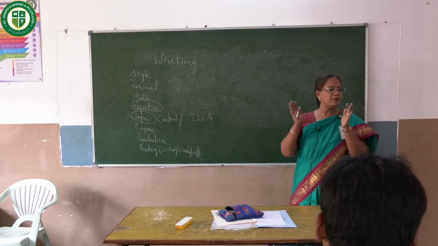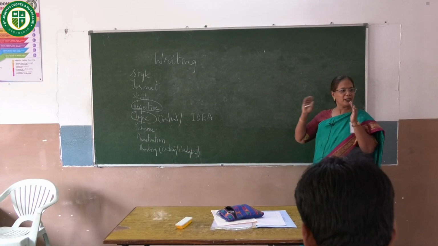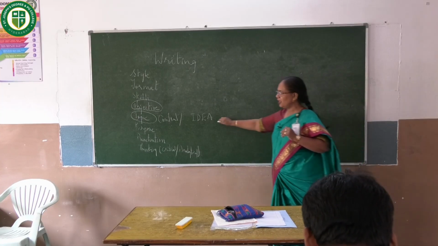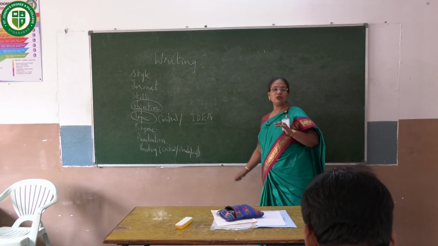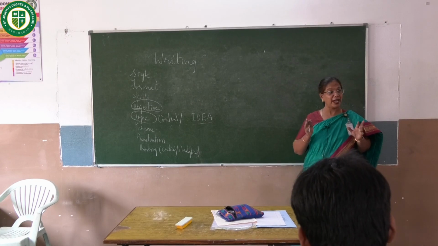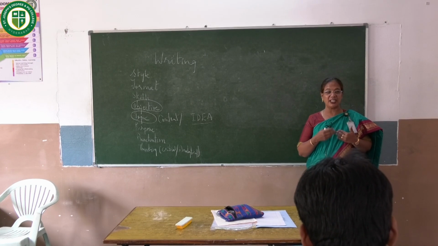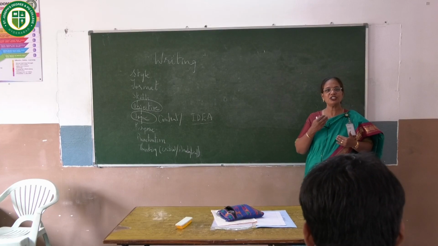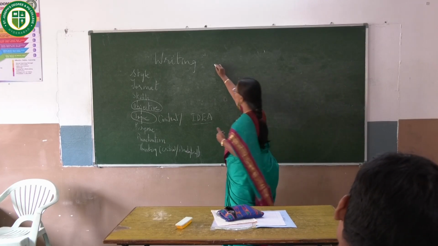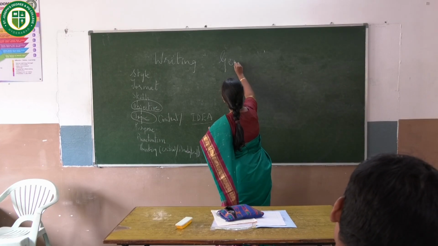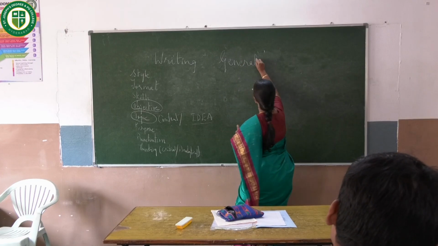So writing specially begins with something called idea. So to write a paragraph, to write an essay, you need to develop, you need to generate ideas. How do you generate ideas?